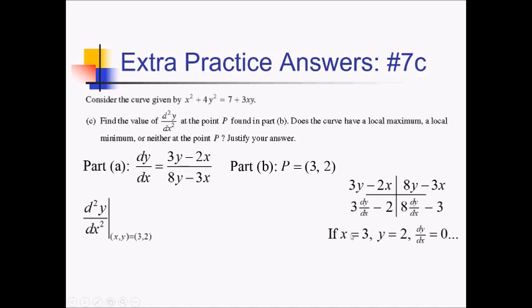So let's go ahead and plug all this in inside the box. Given all these parameters, this is going to be 3 times 2 minus 2 times 3, so that's 6 minus 6, which is 0. Over here, I've got 8 times 2, which is 16, minus 3 times 3, which is 9. 16 minus 9 is 7. Down here, this is 3 times 0, which zeroes out, so that's just negative 2. This is 8 times 0, which is gone, so just negative 3.